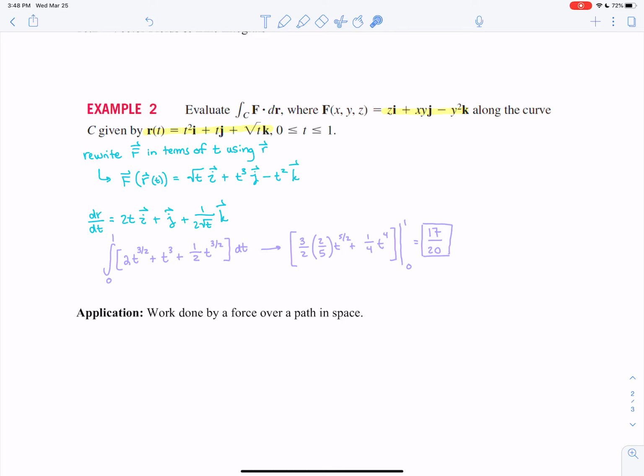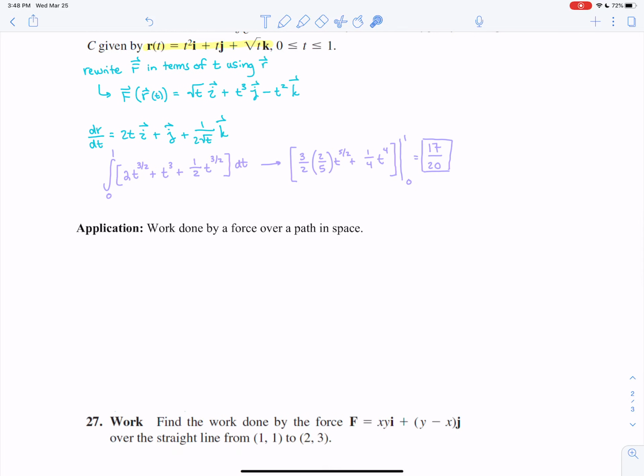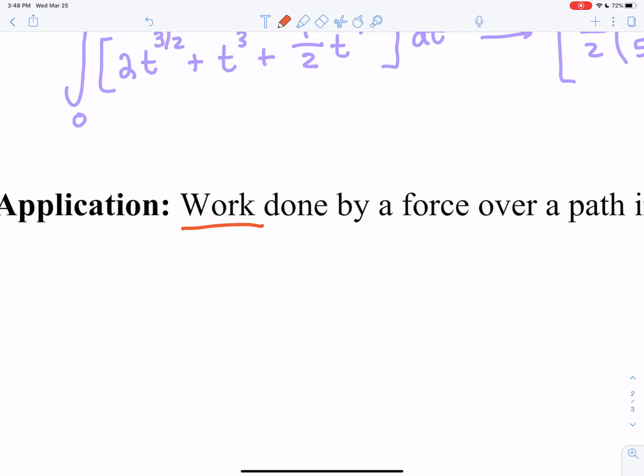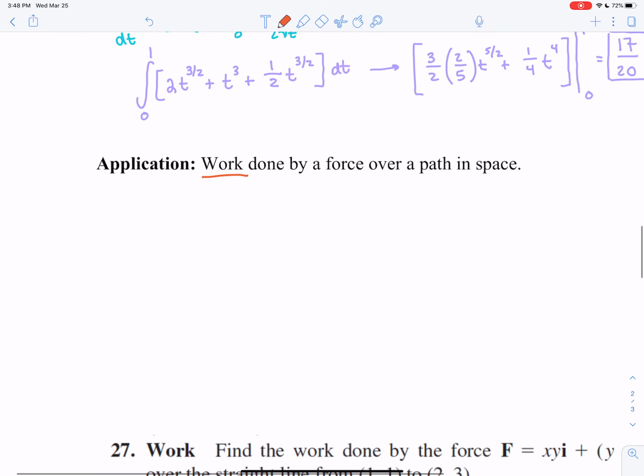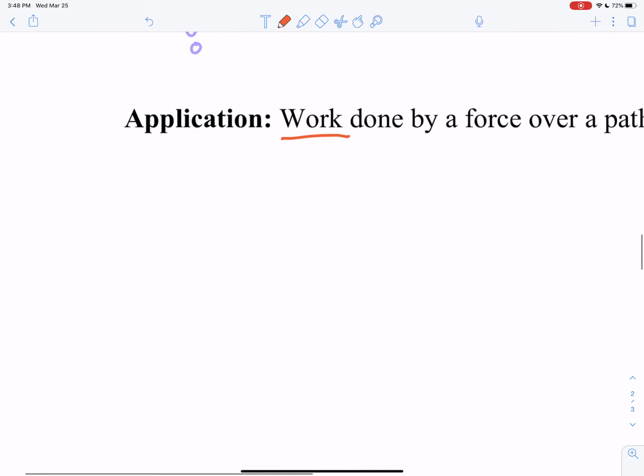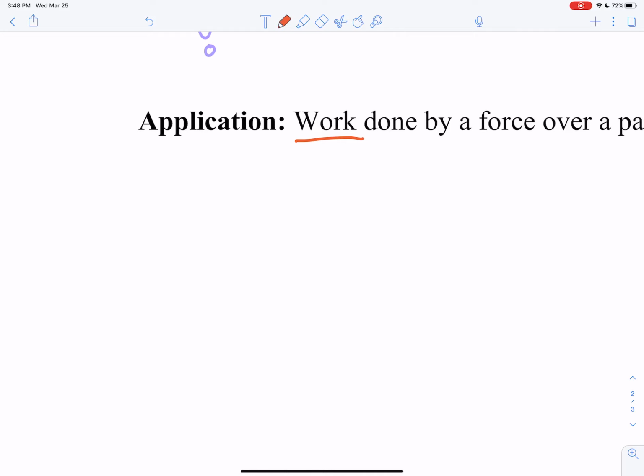One of the big applications of line integrals through vector fields is finding work. So work is an interpretation of a line integral through a vector field, if something is true. If F is a force field, what that means is that the output of each of those vectors is in units of force.